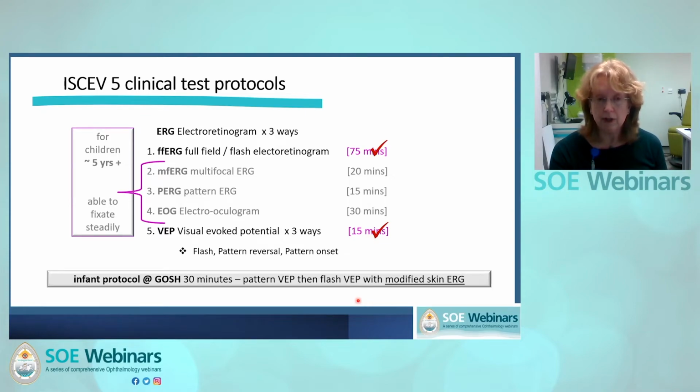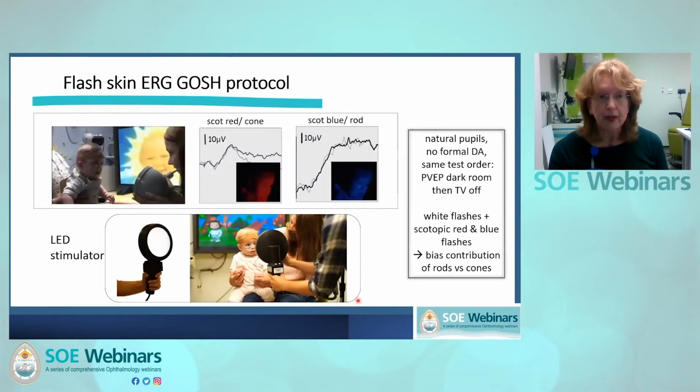And these children are alert at the time of testing. We can do that by using handheld flash stimulation and, importantly, biasing the contribution of cones using red light and rods using blue light. And that's instead of having a lengthy dark adaptation period.